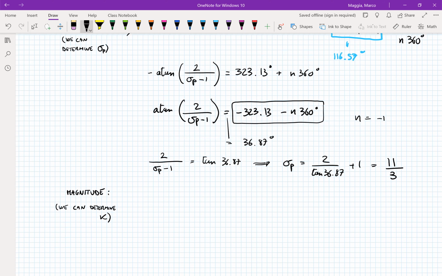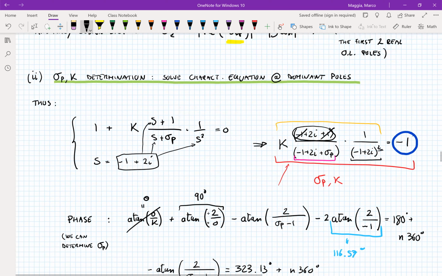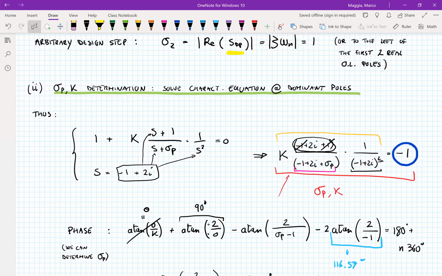And now we're going to use the remaining equation, that is the magnitude equation associated with the characteristic equation. So let's go back here.